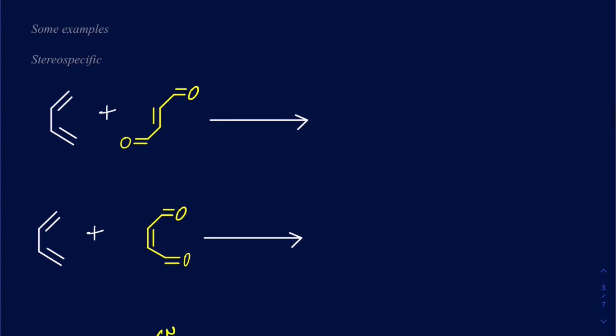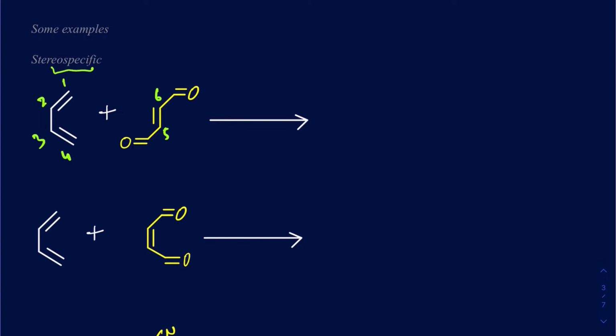So in this first example, these are going to be stereospecific. If you start out with trans, you end up having a trans. If you start out with a cis dienophile, you end up getting a cis product. So in this particular case, I'll call this 1, 2, 3, 4, and then I have 5 and 6. Both of these, the diene and the dienophile, are symmetric, so I don't really have to worry about the regioselectivity here.